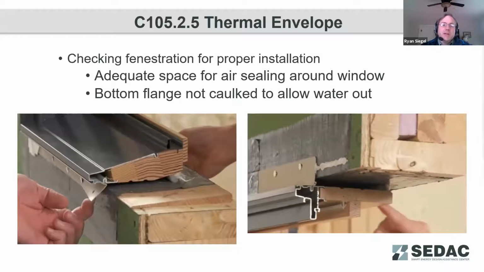Something else to be definitely checking for fenestration is, did we get the proper seals around the window? This is something that best practice has changed over the years, and so being aware as far as what is best practice today. Here on the left, we're showing that this window is not caulked at the bottom.